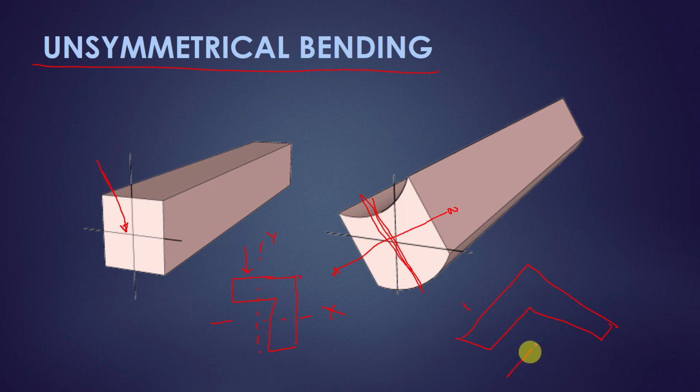Then it is bending or twisting by new axis. Those are principal axis. For the symmetrical section, whatever the centroidal axis are there, x and y, will be the principal axis. But here, for this unequal angle section, the new set of axis will develop when it is twisted. So that will be twisted by those axes which are known as principal axis.